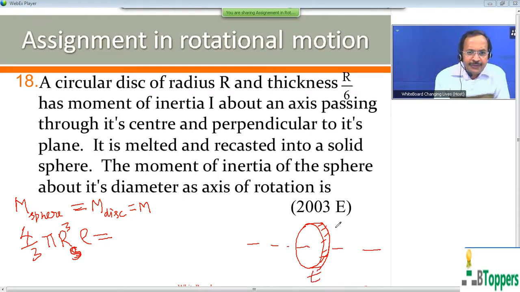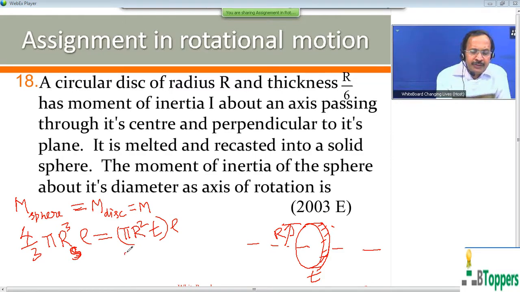So if T is the thickness of the disc, in general R is the radius of the disc, then volume of the disc you can write face area of the disc, that is pi r square into thickness T. That is the same formula which we use for volume of solid cylinder, pi r square L. Instead of L we have taken thickness T into density rho.